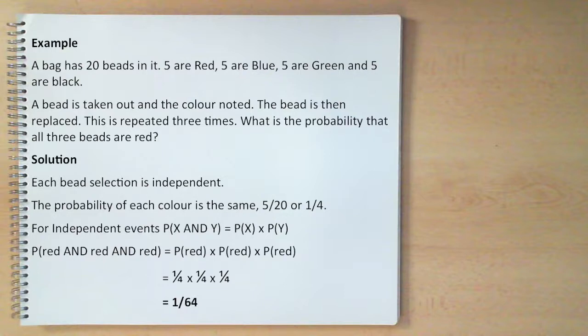Which intuitively you should recognise as correct. The chances of the same thing happening over and over and over again are usually quite rare. So the chances of taking 3 red beads out in a row you would see as not happening very often, so 1 time in 64 sounds about right to me.